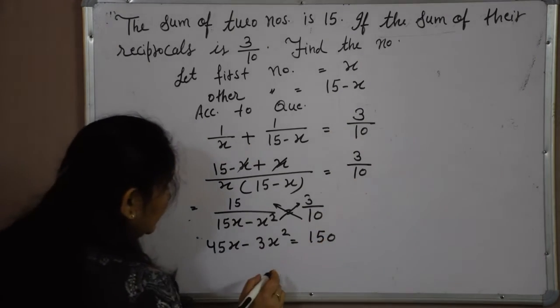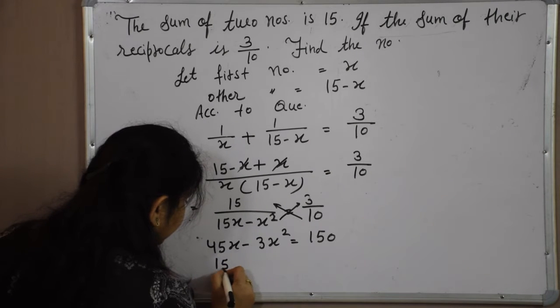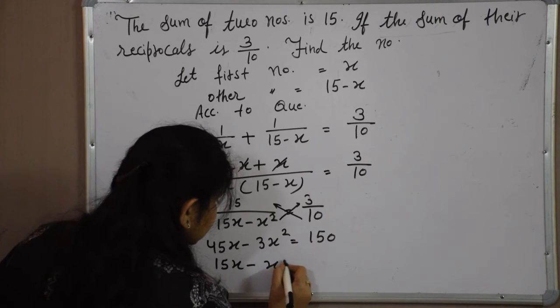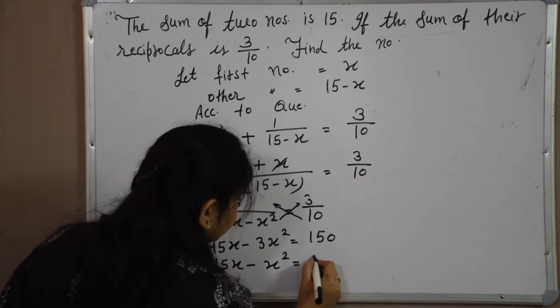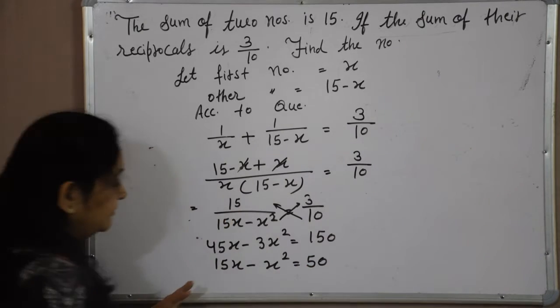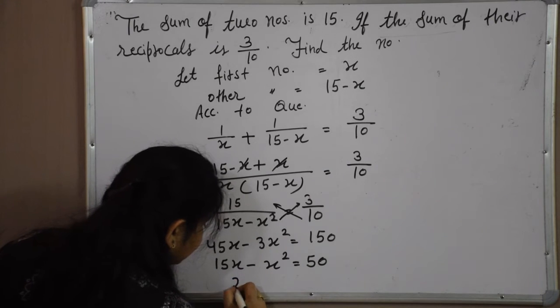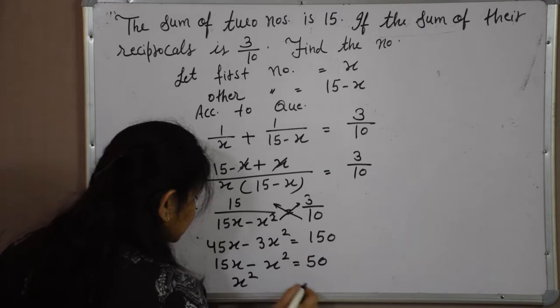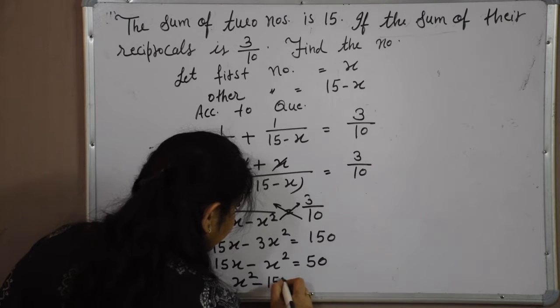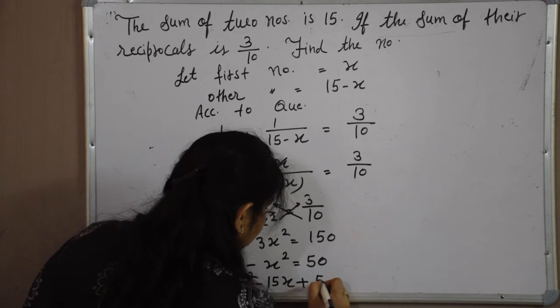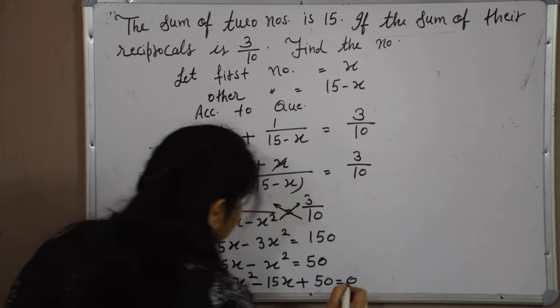Throughout we can divide by 3. 15x minus x square equals 50. 15x minus x square equals 50, and we take this term to that side. x square minus 15x plus 50 equals 0.